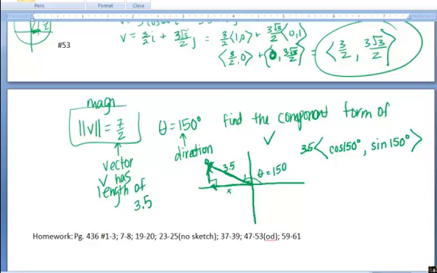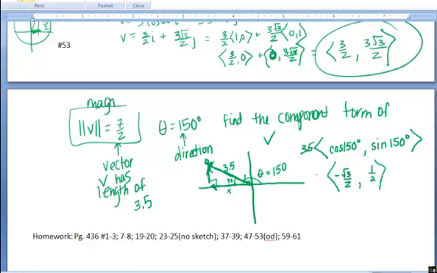If you type in cosine of 150 on your calculator, you will get negative square root of 3 over 2. You shouldn't be surprised, because we are using that reference angle of 30 degrees, and there's our 30, 60, 90, and it's in the negative direction. So in standard form, 150 opening from our x-axis, we have negative square root of 3 over 2 for that longer leg. And then the sine of 150 is still using that reference angle of 30, and that's that shorter leg, so that's just 1/2.